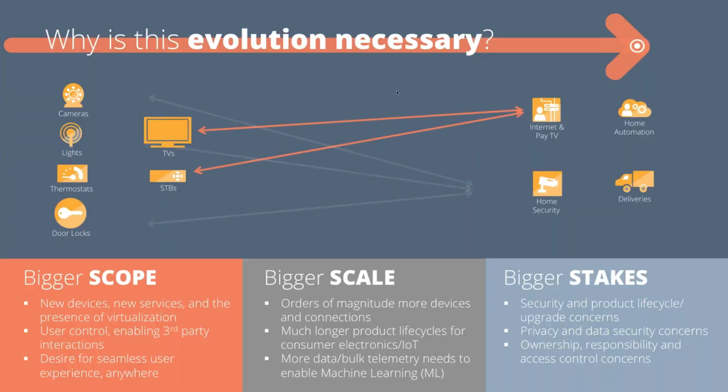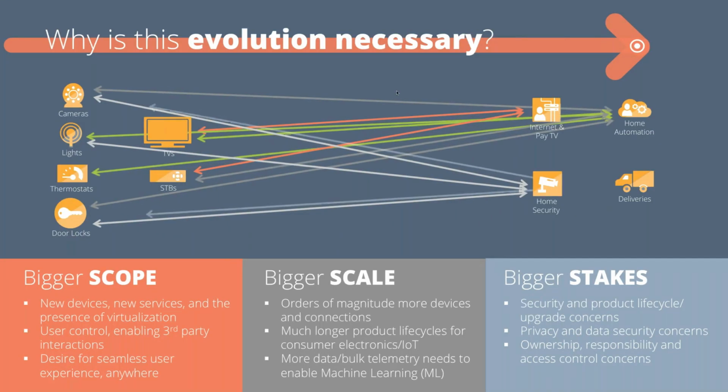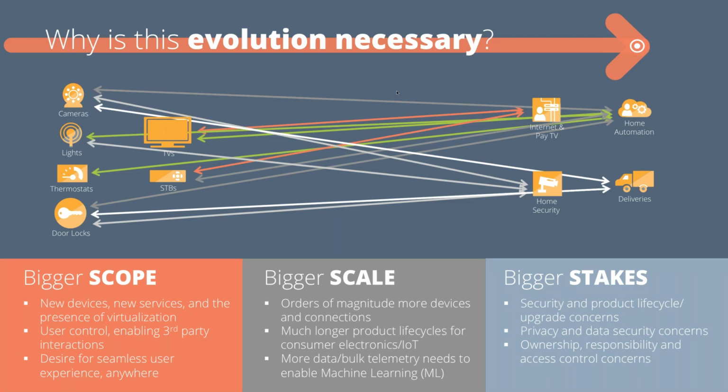This brings us to why it was time to evolve TR-069. The connected world now has a much bigger scope, not only in terms of new kinds of devices and interfaces, but virtualized services, third-party interactions, and a real desire for end-user control that creates a seamless connected experience, just as users have now with their mobile connectivity. But it's also a question of scale.